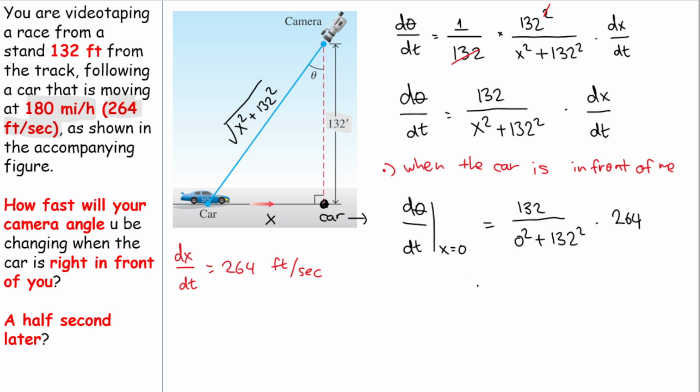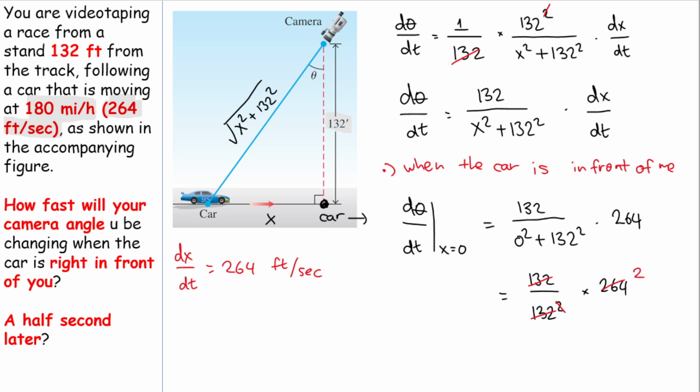264. Good. And I will have 132 divided by 132 squared multiplied by 264. Okay. And this will cancel this square here. And 132 and 264, I think I will have cancel into 2, right?